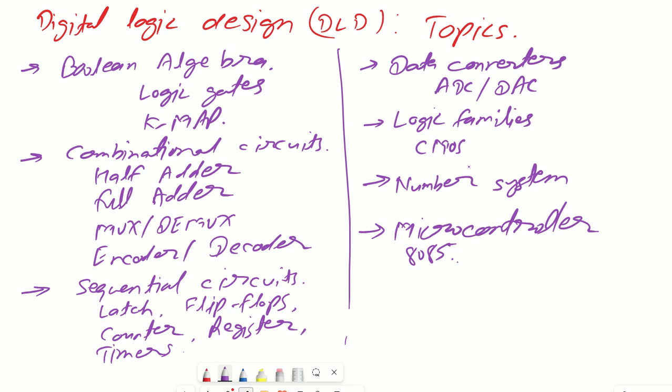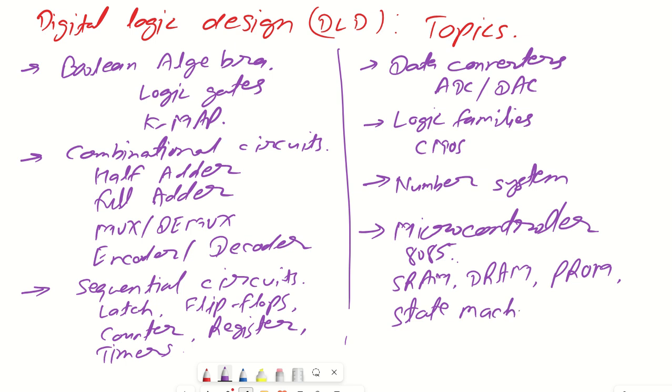So basically we will try to have the concept of what is SRAM, then DRAM, then we have PROM, and we have state machine as well. This is a very, very important topic, state machine. Alright, so these are the particular topics that we will be seeing.